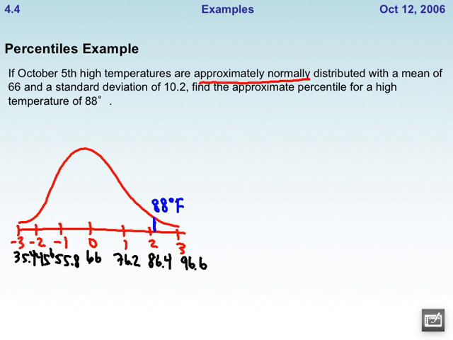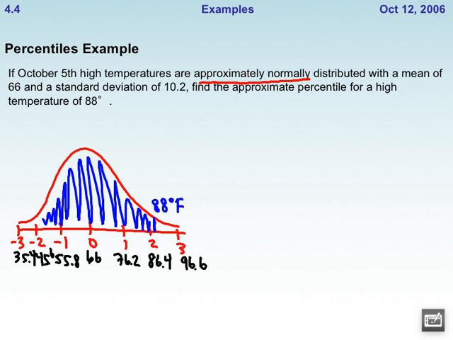Okay, so percentile means everything below it. So I need to find all of this right here. Now that 88 degrees is really, really close to 86.4. So with the empirical rule, you can't say anything between 2 and 3 standard deviations. We know 2 standard deviations, we know 3. We don't know in between. So because 88 is really close to 86.4, we're going to find the percentile for 86.4. 86.4 is 2 standard deviations away.